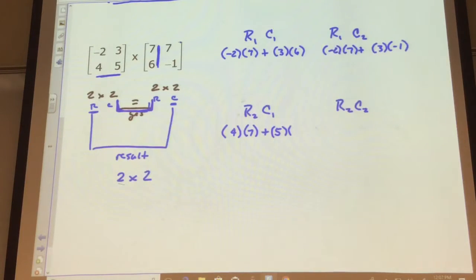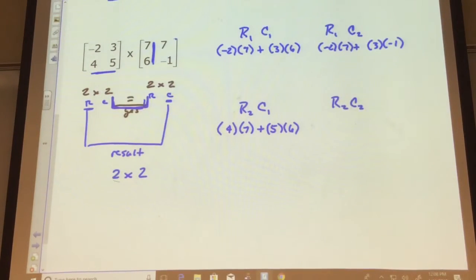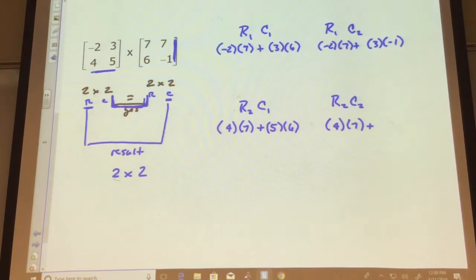Second element in column 1, 6. Row 2 now gets multiplied by column 2. First element in row 2, 4. First element in column 2, 7. Second element in row 2, 5. Second element in column 2, -1.